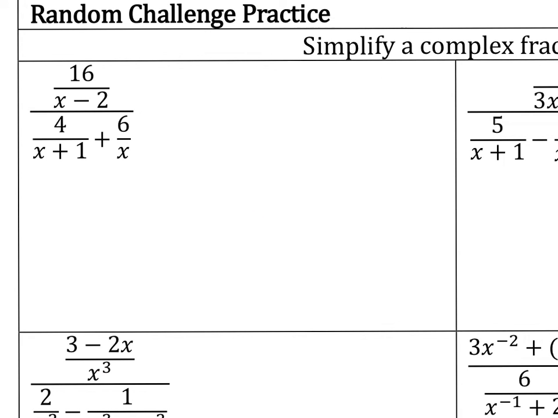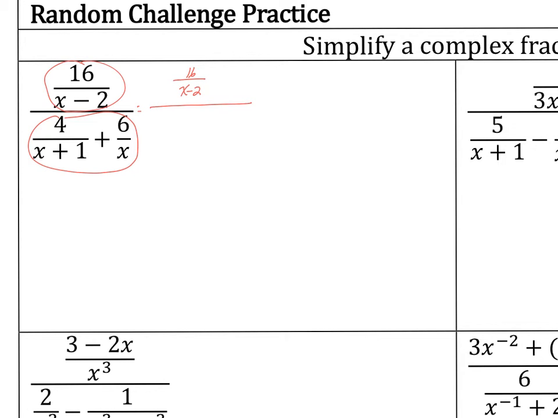Okay, now let's look at some random challenge practice, and the first one we're going to look at is simplifying complex fractions. There are two ways to do this, and I'm first going to show you the first way. The first way is just to simplify the numerator and the denominator by itself first. So there's nothing to do to the numerator.